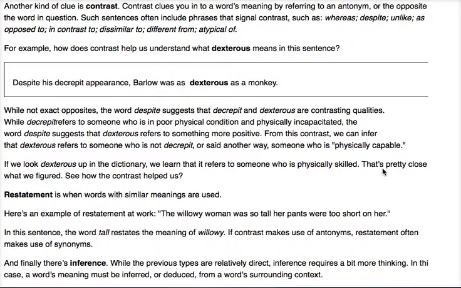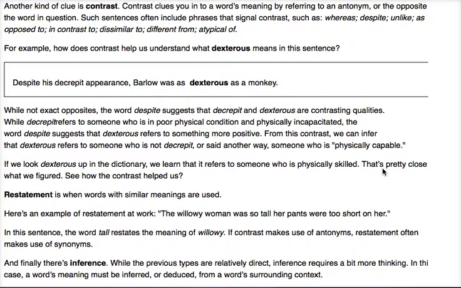Okay, so a monkey, you can think of, if a monkey is dexterous, what might he do? So monkeys can climb and swing and do all kinds of things, hang from their tails, some of them. So that might mean that Barlow is able to do a lot of things, although he appears old and decrepit.